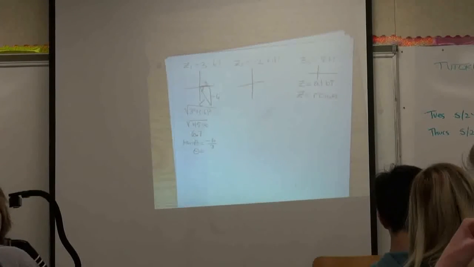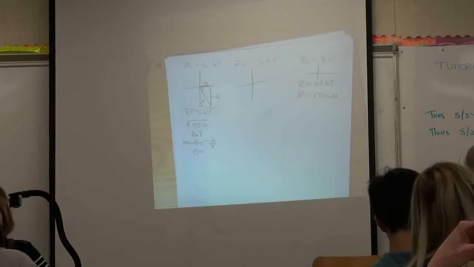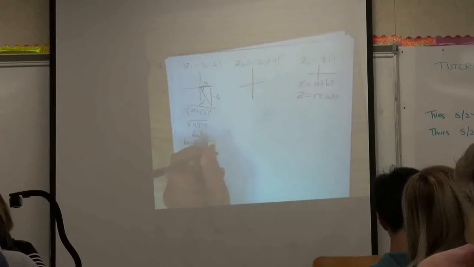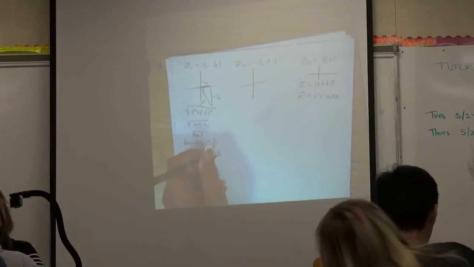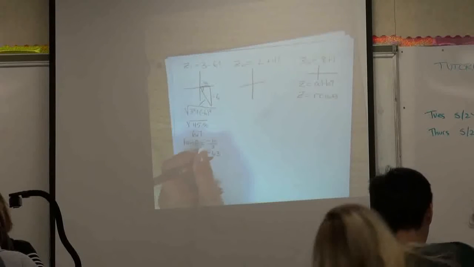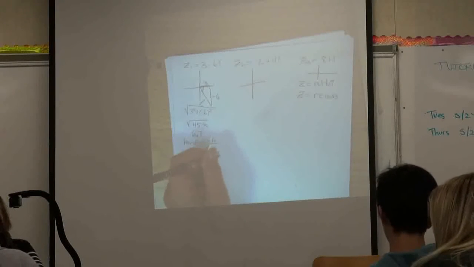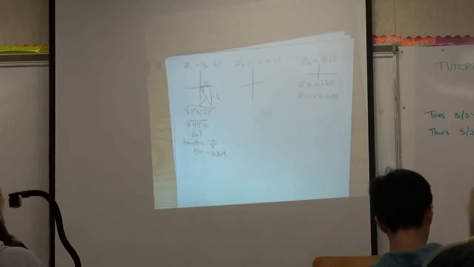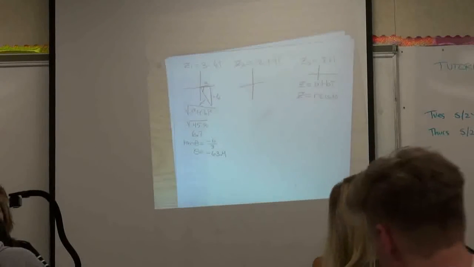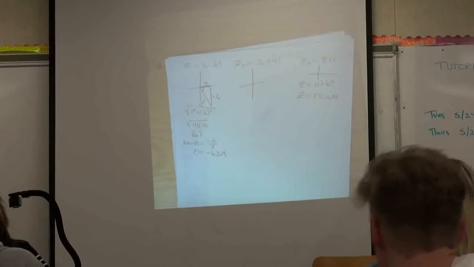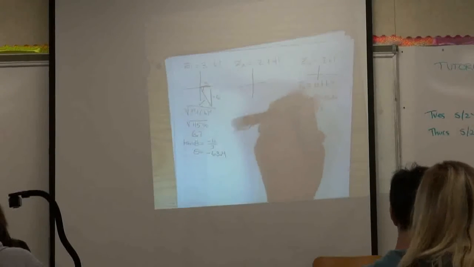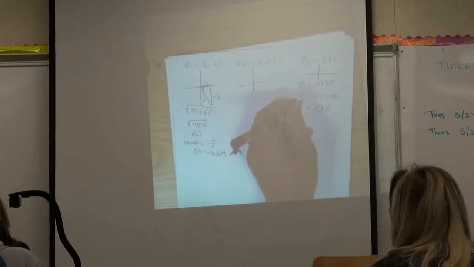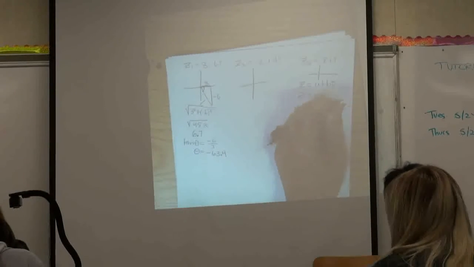Before you change it, what does your calculator give you? Theta is negative 63.43. Rounded, so negative 63.4, but we're going to round that to the nearest whole in a minute. However, we know with polar coordinates that our argument theta is always supposed to remain between 0 and 360.